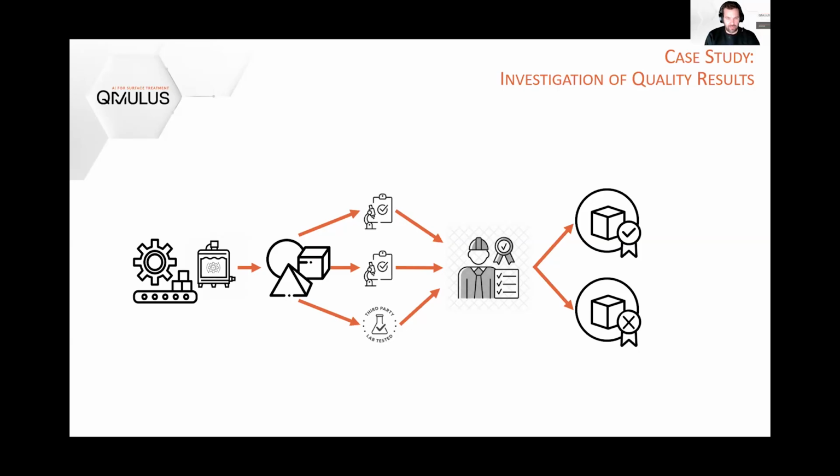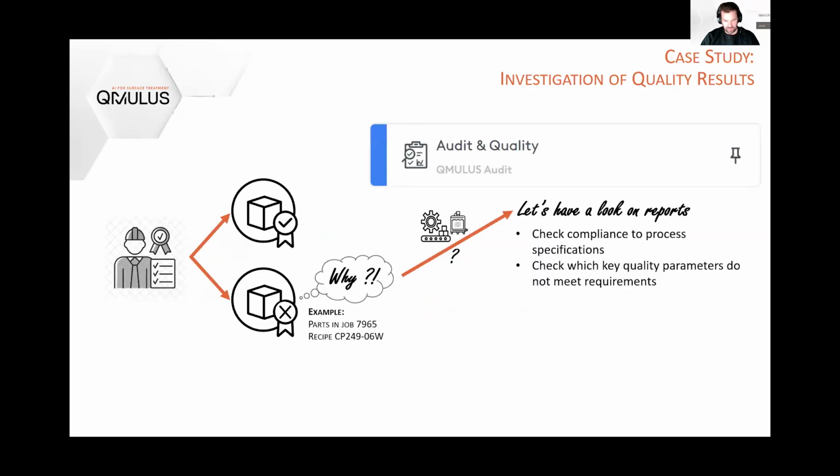processes. All the results, wherever they can come from, are coming together at a quality manager, and the quality manager then decides, okay, this part is good, this part is not good. For the case that the part is good, we are not going to discuss it today. Let's look at the case that the part is not good and ask ourselves why it is not good.